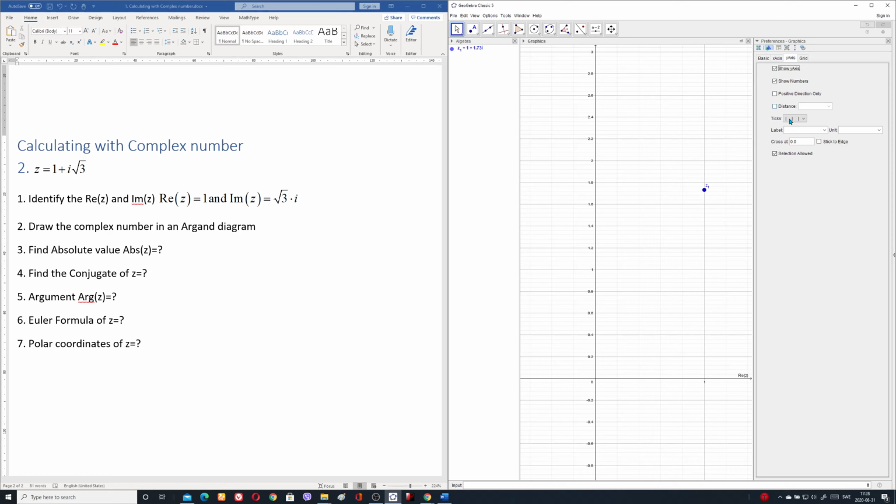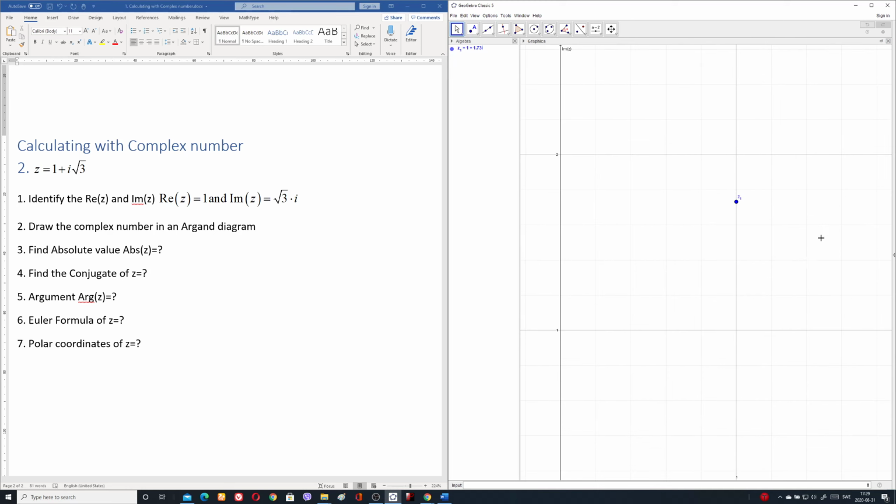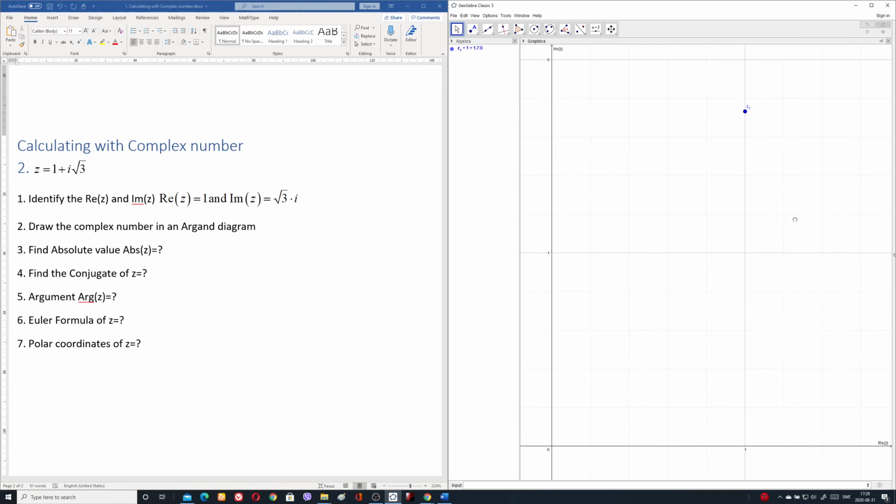And in the imaginary axis, I will put imaginary z. Okay, and the distance will be again 1. Okay, so now I have the real axis and imaginary axis.